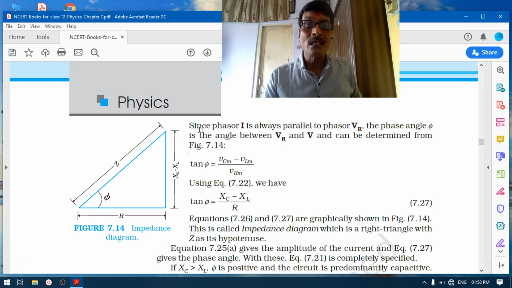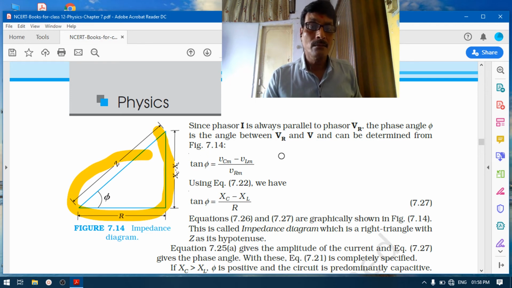Since phasor I is always parallel to phasor VR, the phase angle phi is the angle between VR and V, and it can be determined from this figure. Tan phi equals opposite by adjacent.